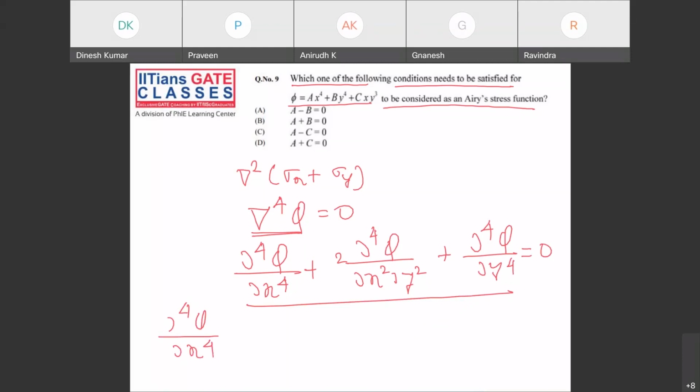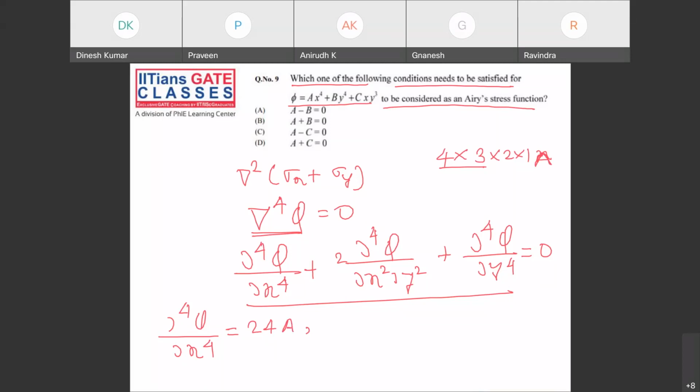It will come as 4 into 3 into 2 into 1 into a x, so it is 24 x. Actually, you write 24, not x, because it will become a constant. So when we differentiate 4 times, it will be 24a.